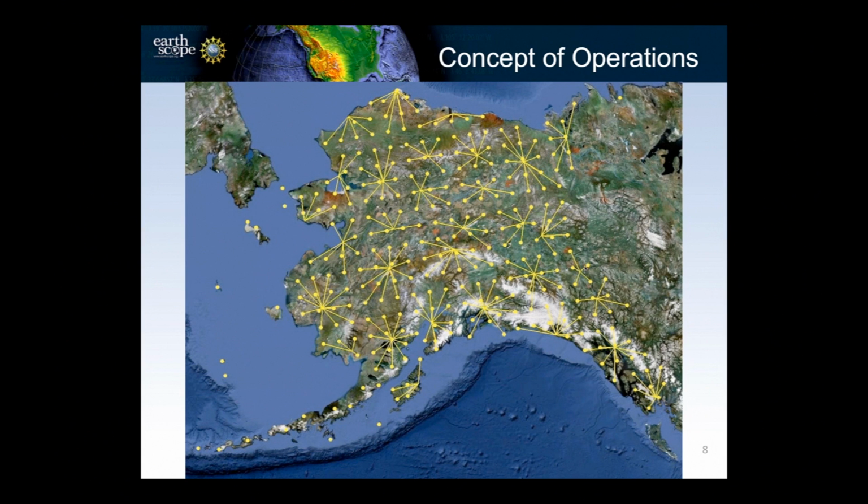And really, given what Geoff presented earlier on the lack of road coverage in the state of Alaska, this is really one of the only ways to get into the more remote areas and impose anywhere near a uniform spacing of stations. So this is the plan for how these seismometers are going to be deployed.